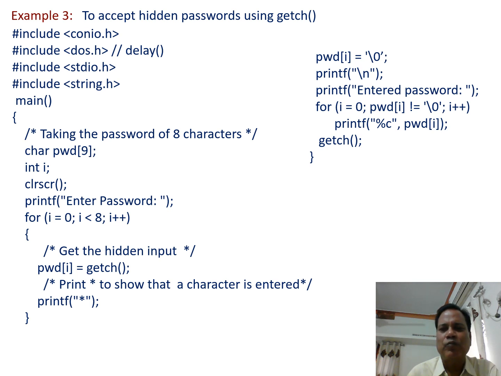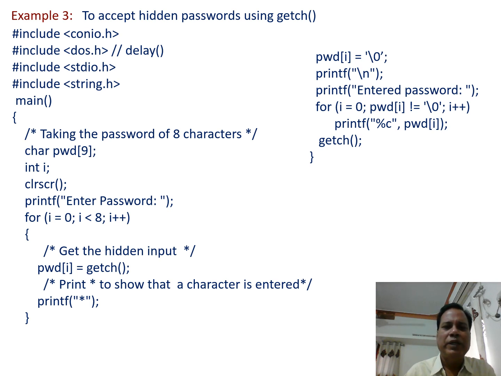Similarly, when we enter the password, some delay exists between two key presses, so the delay function is present in the dos.h header file. In a similar way, standard input output has the printf function, and as we are performing a string operation, we have to store the character string, so for that we need the functions present in the string.h file.